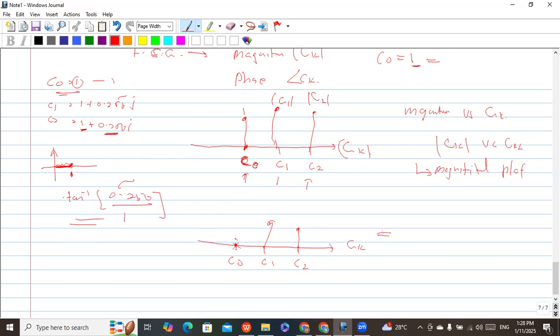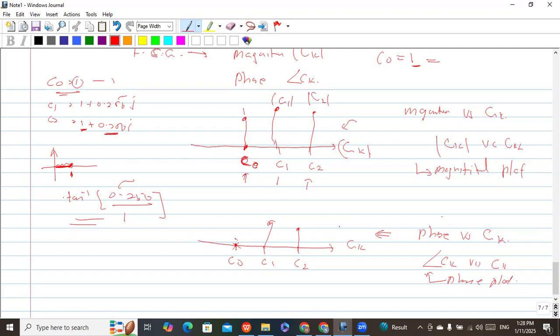So here you plot phase versus the Fourier coefficients C0, C1, C2. This is what we call the phase plot. This magnitude plot and phase plot are important. In a spectrum analyzer, we can see the magnitude plot as well as the phase plot.